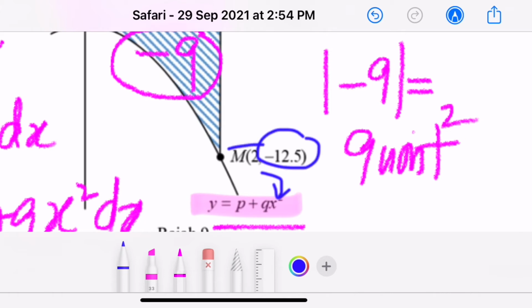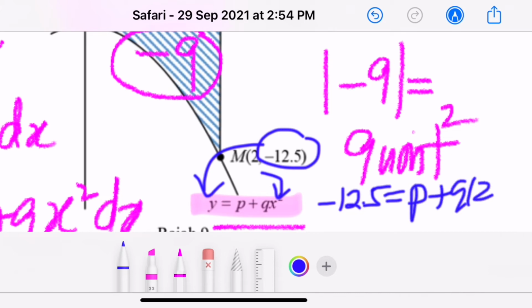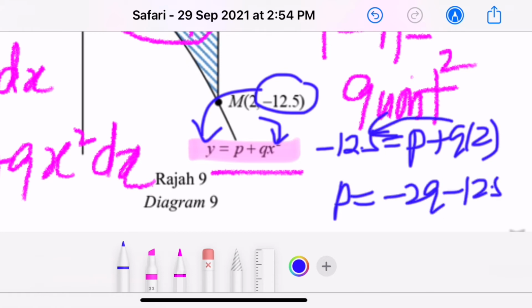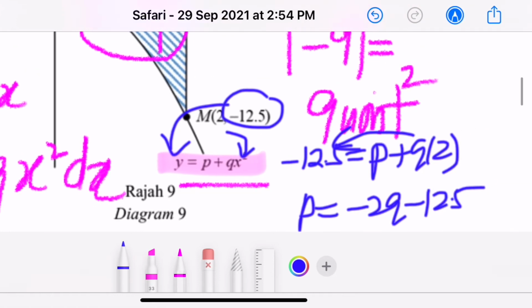So you can say negative 12.5 is equal to p plus q times 2. Hence, you got another equation. We are going to substitute this one into the equation just now. This is equation number 2. Substitute 2 into 1.